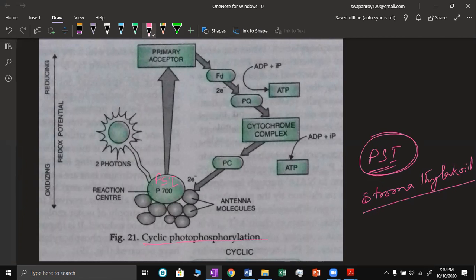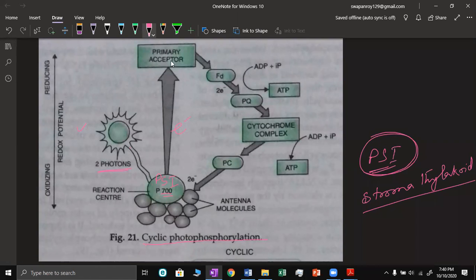The light harvesting complex absorbs the photon light energy, and after absorbing it, releases an electron.